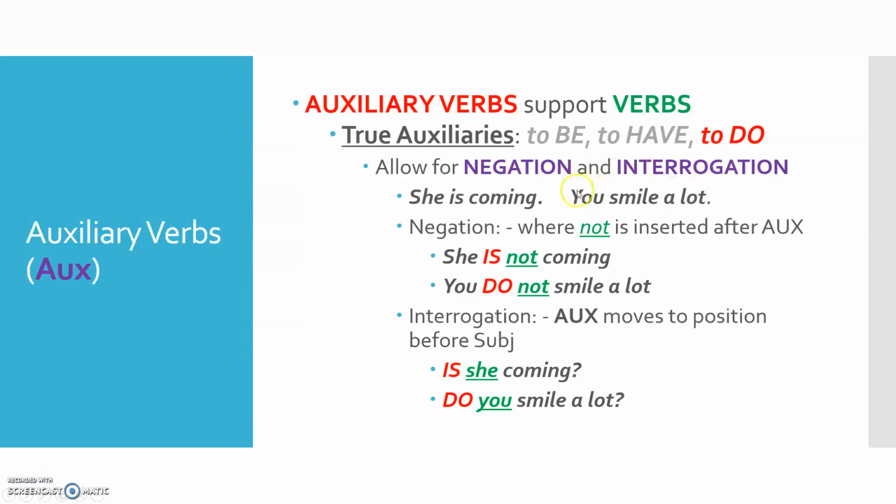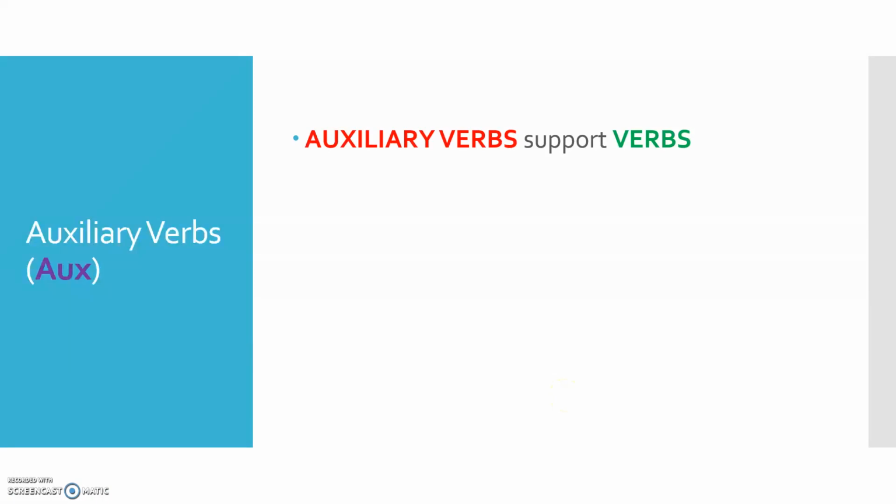But again, in you smile a lot, there's no auxiliary verb. So we don't say smile you a lot like they do in French. We need an auxiliary verb. So we throw do in there, and then we move do to the beginning of the sentence. So that creates the interrogative structure, and we get do you smile a lot.